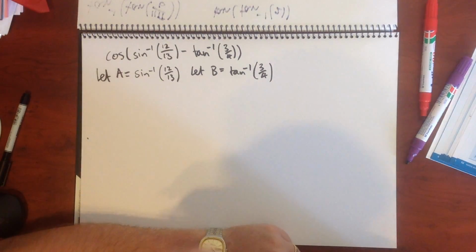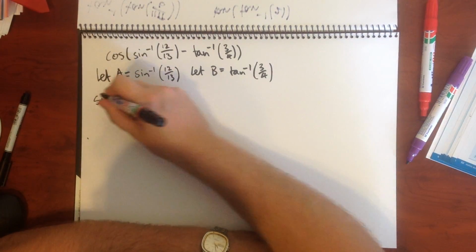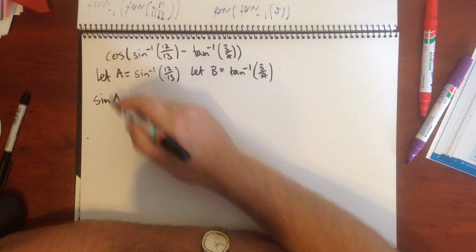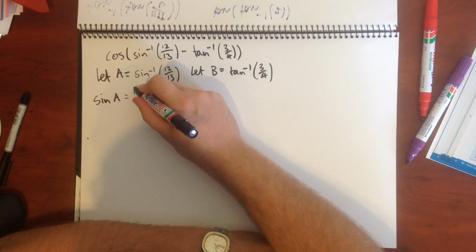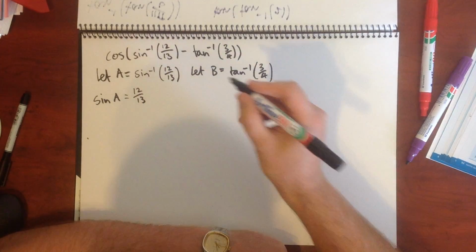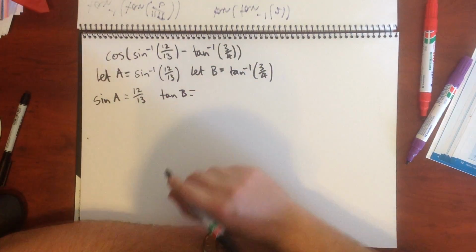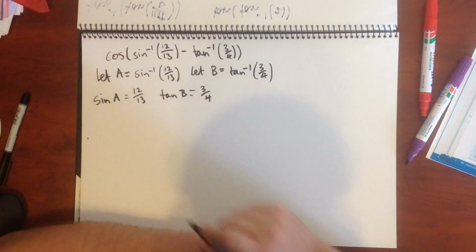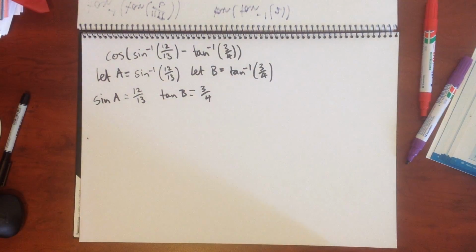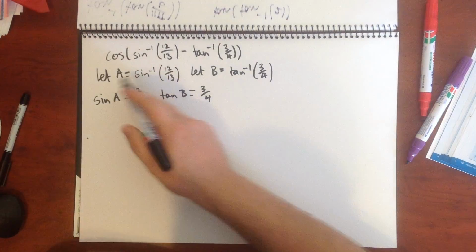That means that sine of A equals 12 on 13, and tan of B equals 3 on 4. So we can set up a couple of triangles here based off this.